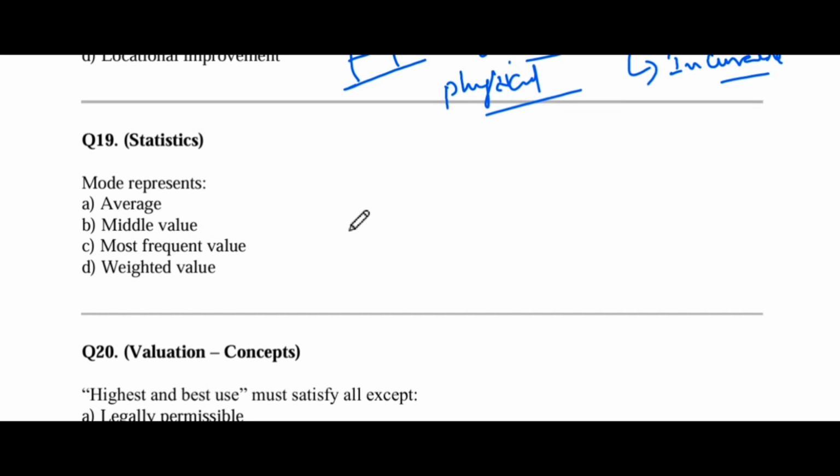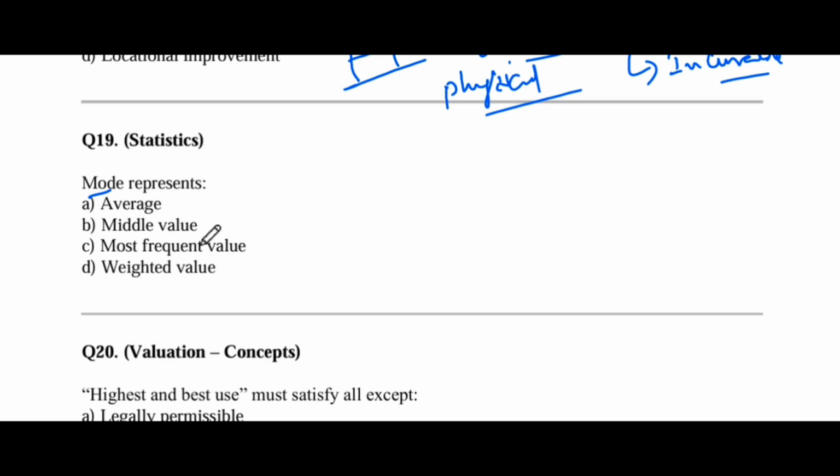Mode represents average, middle value, most frequent value, or weighted value. Which one? The mode is a statistical measure that represents the value that appears most frequently in the data set. It is one of the measures of central tendency alongside the mean.